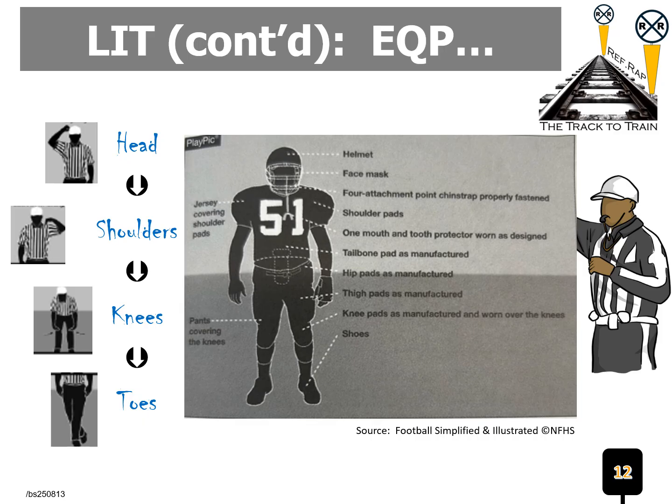So again, using head, shoulders, knees, and toes, we have a NOCSAE-approved helmet, a face mask, a 4-attachment point chin strap that's fastened correctly, jersey covering the shoulder pads themselves, one mouth and tooth protector worn as designed, a tailbone pad as manufactured, hip pads as manufactured, thigh pads as manufactured, knee pads as manufactured and worn over the knees, pants covering the knees, and shoes.